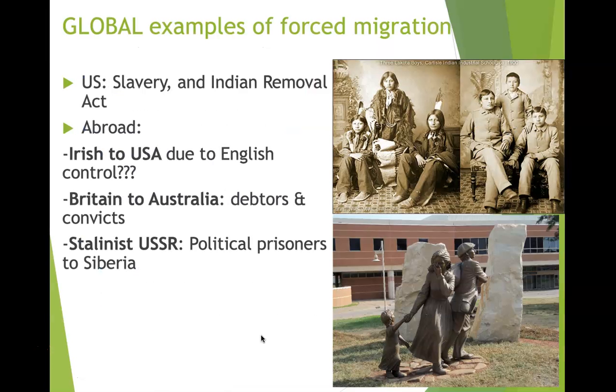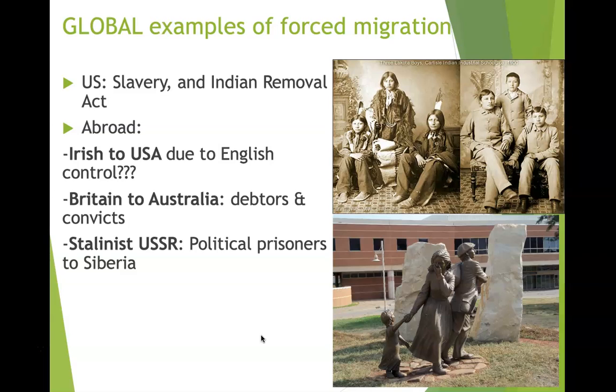All right. So we look at global examples of forced migration. In the U.S., you definitely have slavery, right? That is a dictionary definition of forced migration. You have the Indian Removal Act, which we spoke to earlier, but also other places. You see the Irish coming to the United States, largely due to the English making it very, very difficult to eke out a living.